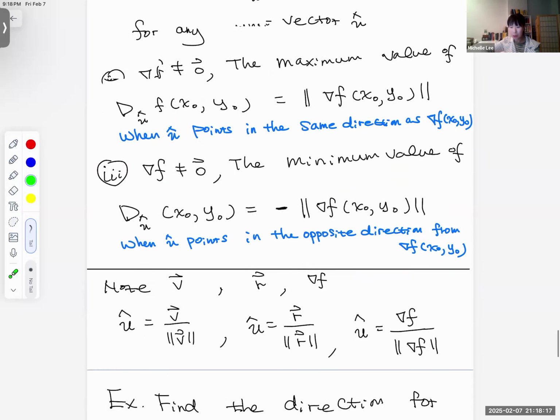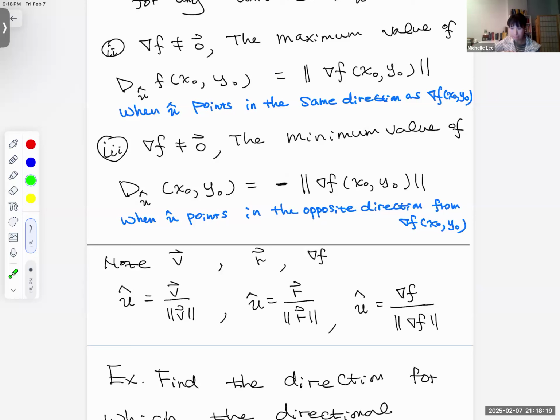Okay, so let's make a notation. We know that a unit vector is always followed by a vector. So this unit vector follows this vector v, this unit vector follows this r vector, and this unit vector follows the gradient. How do you find the formula for a unit vector? We use vector v divided by the magnitude of vector v.